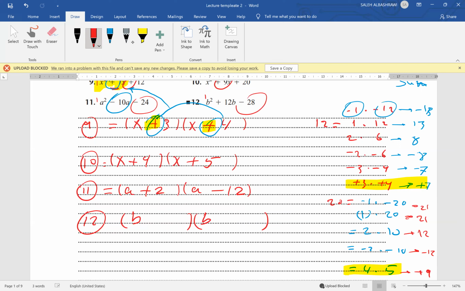Now we need two numbers, their multiplication equal to minus 28 and their sum equal to plus 12. And these two numbers will be plus 14 multiplied by minus 2. So they have opposite signs. It is plus 14 and minus 2. This will give me plus 12.